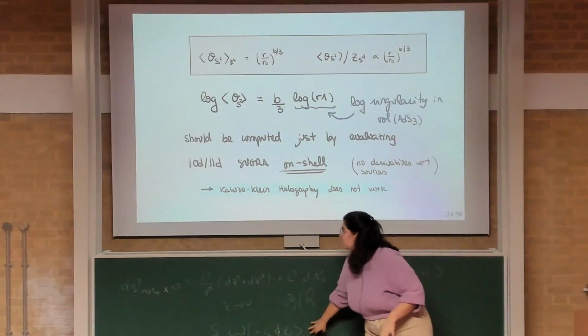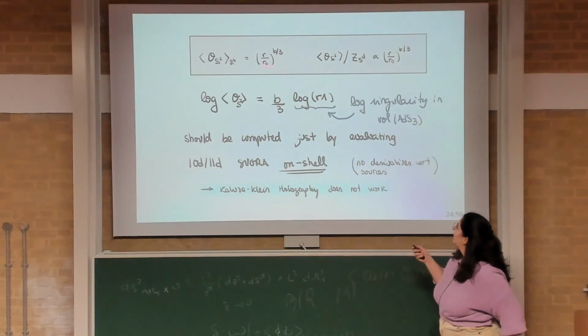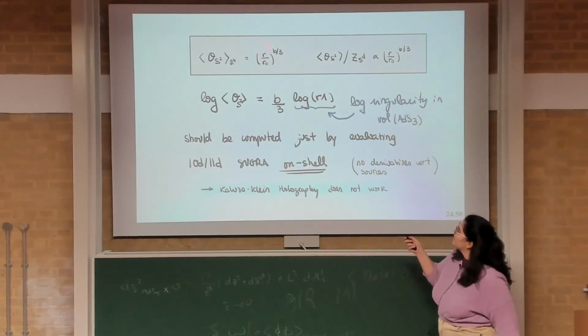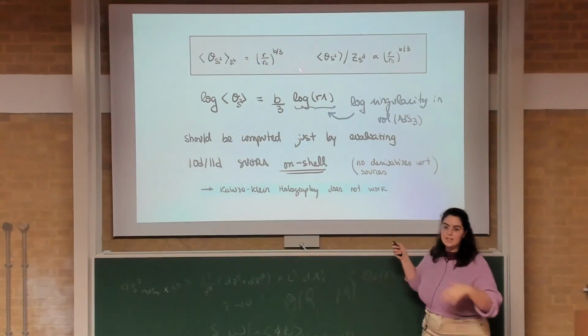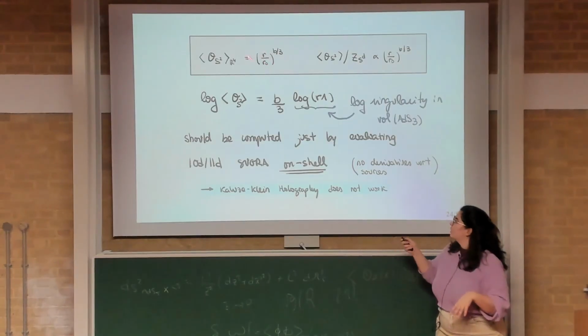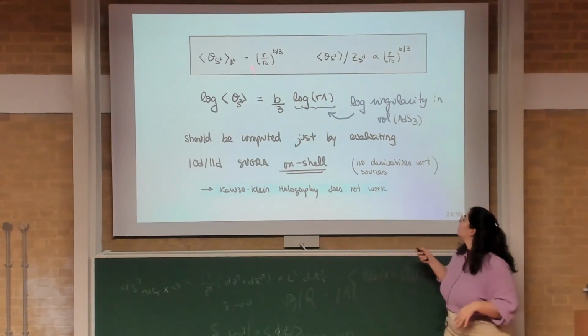So again, this doesn't work. And I didn't say, but this R is the radius of the two-sphere, and this R0 is just a scheme-dependent constant. So the constant in front of this is scheme-dependent, but B is scheme-independent.